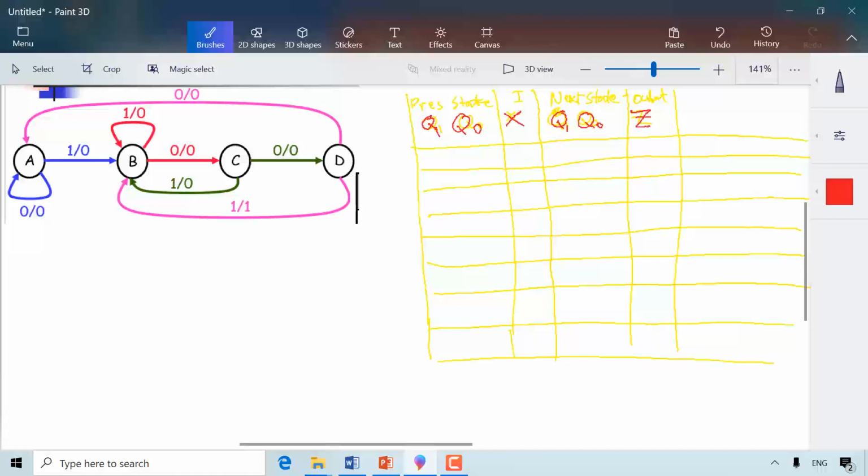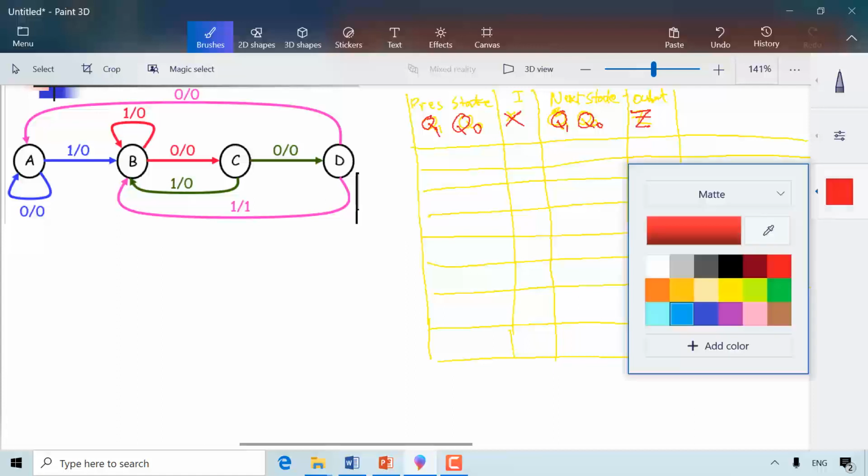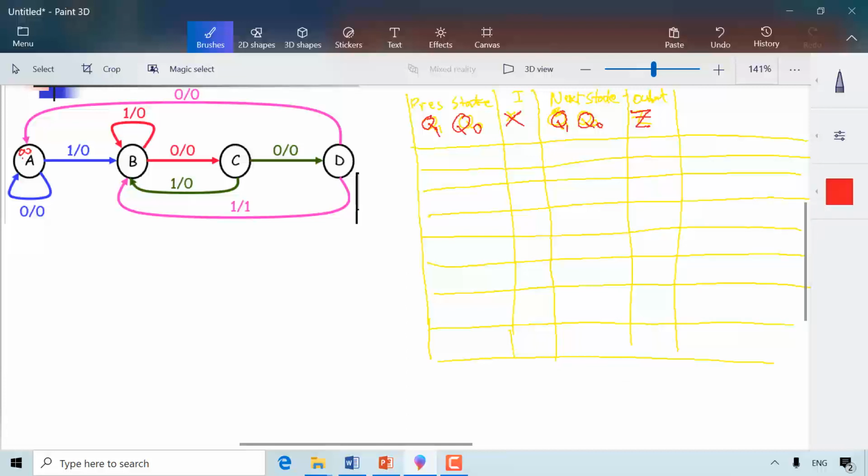Now I'm going to read the state diagram. What I did before, in terms of state assignment, is 0 0, 0 1, 1 0, 1 1.